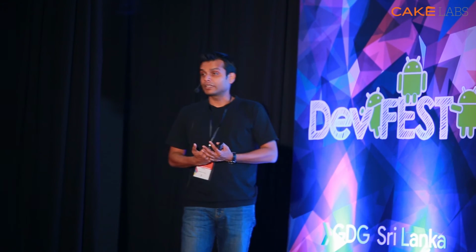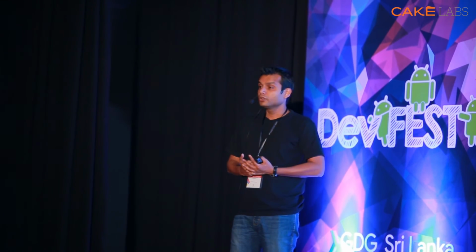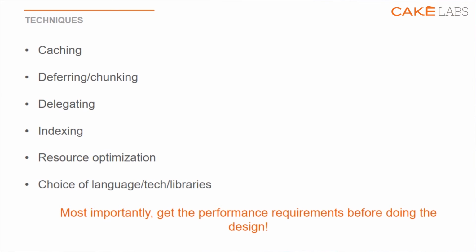So if you have a large data set to handle, you need to chunk it into smaller pieces and defer it with a little time interval in between. This is called deferring. You can go and look it up. The other is delegation. Obviously, you can delegate it to another thread, something like a web worker if you're on a web-based system.